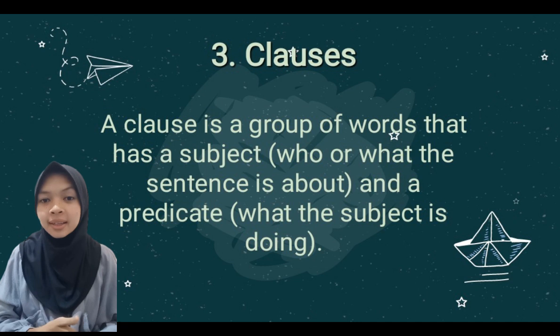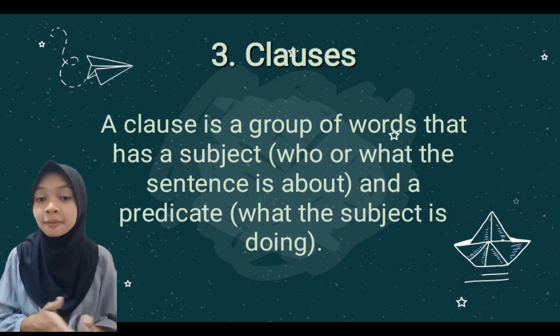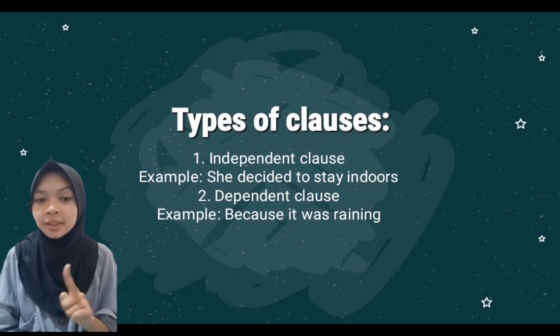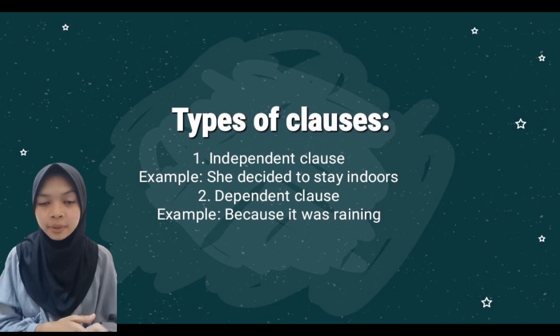Okay, the next topic is about clauses. What is a clause? A clause is a group of words that has a subject and predicate. There are two types of clauses. The first is independent clause and the second is dependent clause.